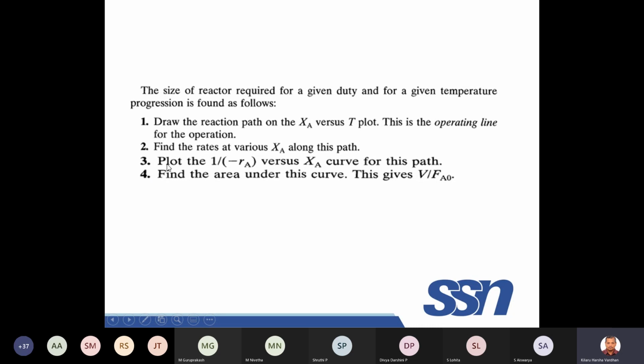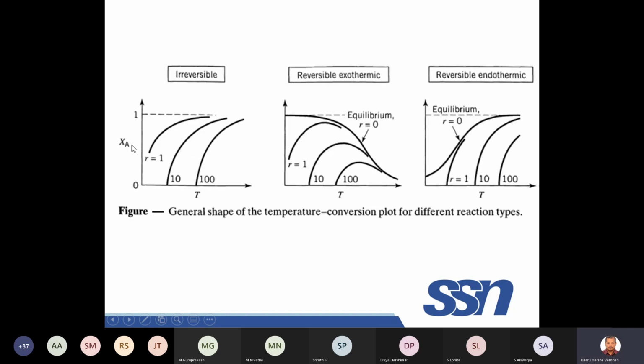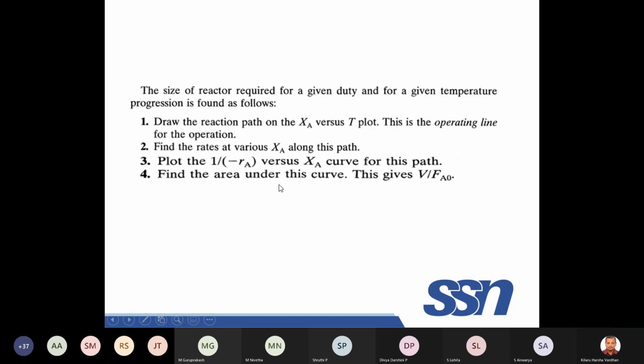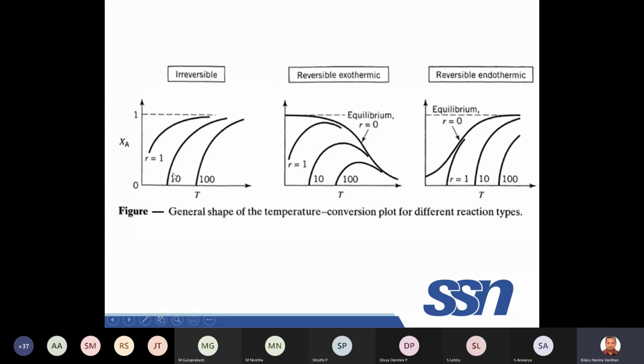There are 4 points here. Draw a reaction path on the XA versus T plot. We already discussed that we are always going with the XA versus T plot. This is the operating line for the operation. Draw the reaction path. The reaction path is nothing but this.